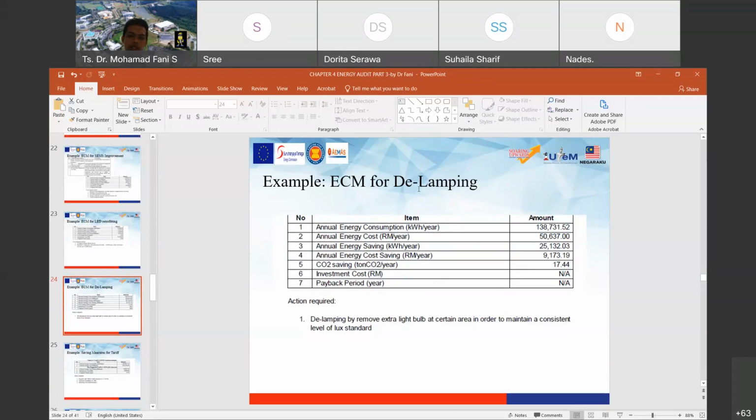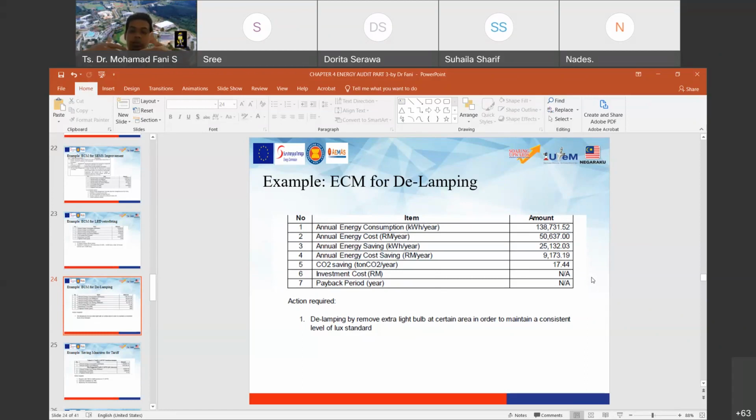Not only that, this one is delamping, one of the ideas for the energy conservation. If you find that the area is overlit in terms of lux level, okay, the lux level is higher than standard, you can suggest to do the delamping, which is if the area has 10 lamps and they switch on all the lightings at one time.